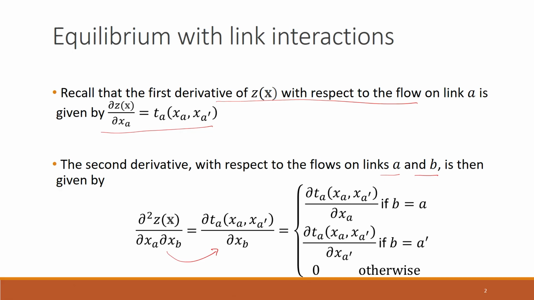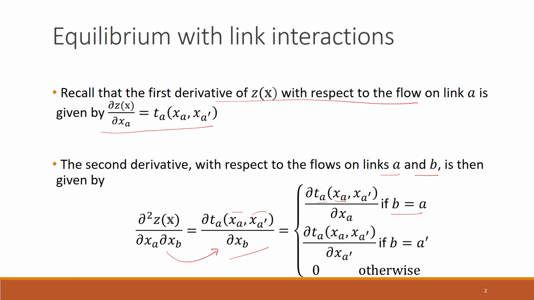Now, note that the travel time of link A is a function of two things. First, it is a function of the flow on link A, and it is a function of the flow on link A dash, which is opposite to this link A. Okay. So, therefore, this quantity will be non-zero only if link B is the same as link A, because in that case, the travel time of link A is a function of the flow through link A as well as the flow through the link in the opposite direction, A dash.